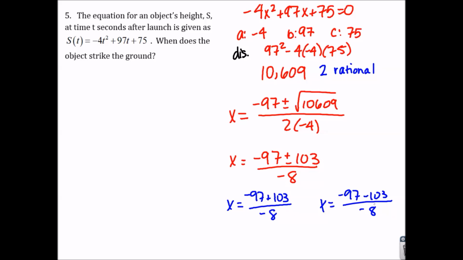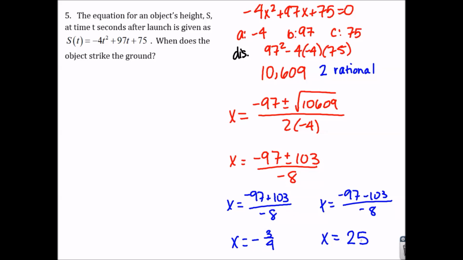And then if you type those in your calculator, the first one gives you negative 3/4, and the second one gives you 25.